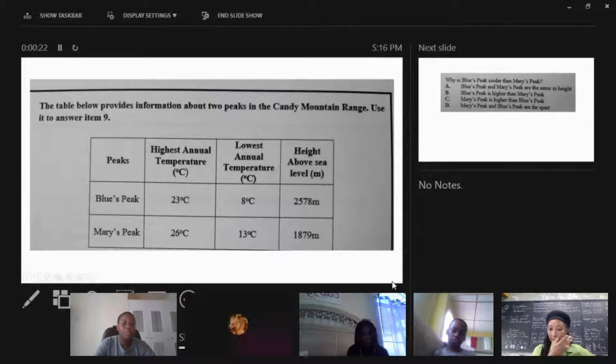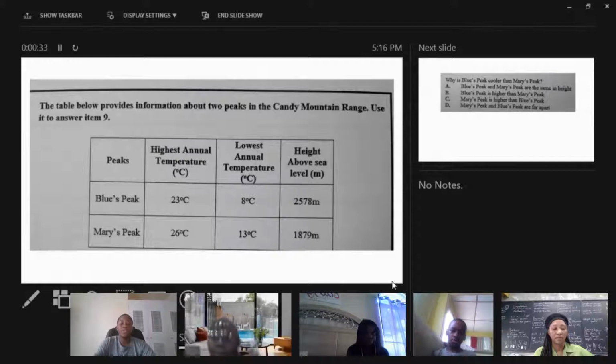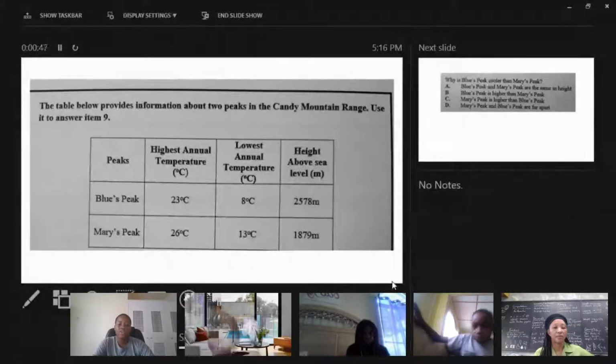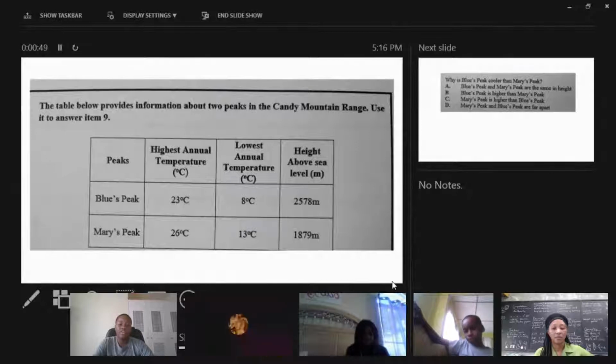Number 9. The table below provides information about two peaks in the Candy Mountain Range. Use it to answer item 9. Peaks: Blues Peak, Mary's Peak. Highest annual temperature: 23 Celsius, 26 Celsius. Lowest annual temperature: 8 Celsius, 13 Celsius.